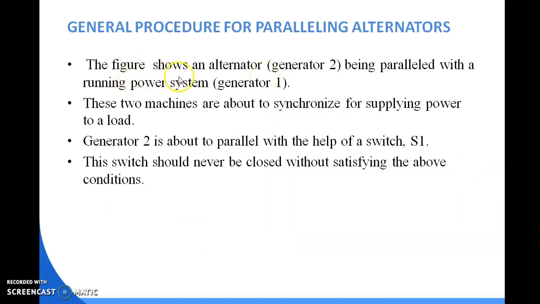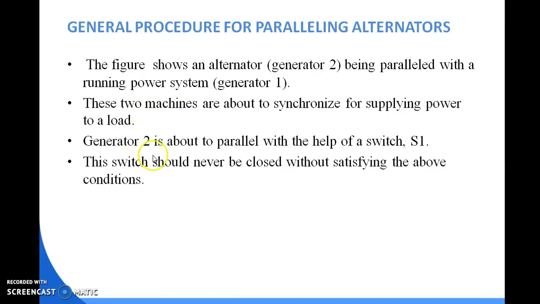The figure shows an alternator, generator 2, being paralleled with a running power system, generator 1. These two machines are about to synchronize for supplying power to the load. The two machines will be equally responsible to supply the power to the given load.